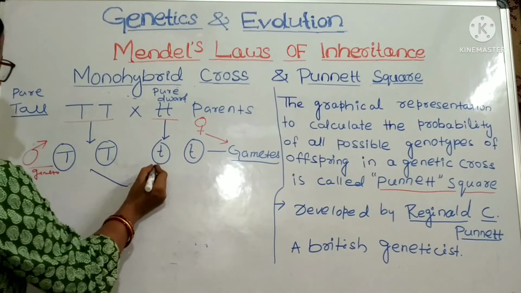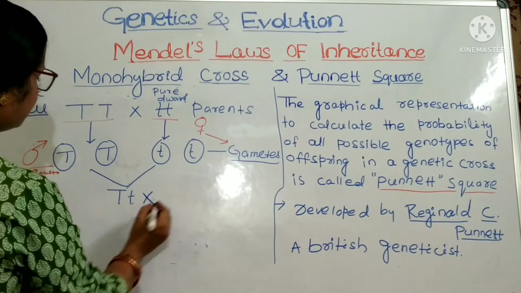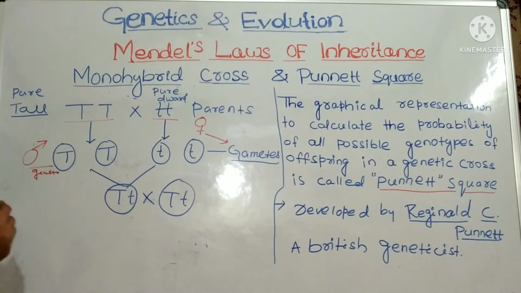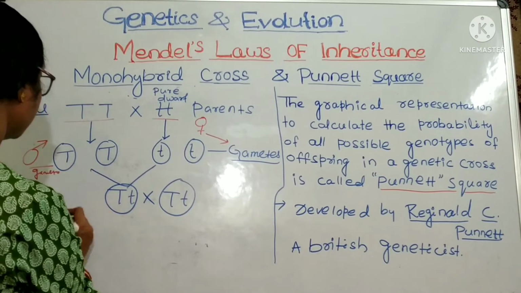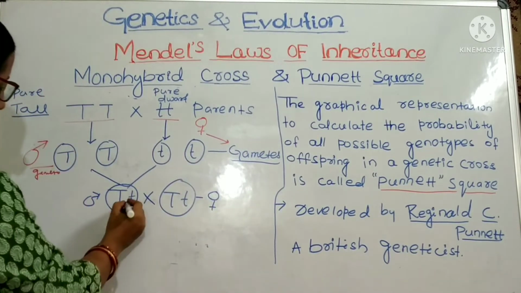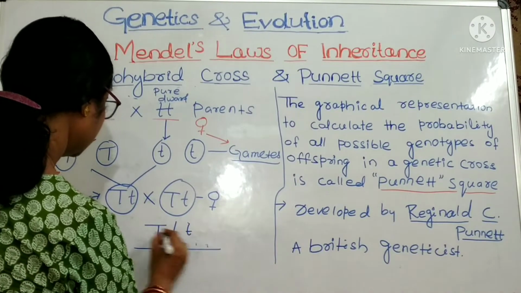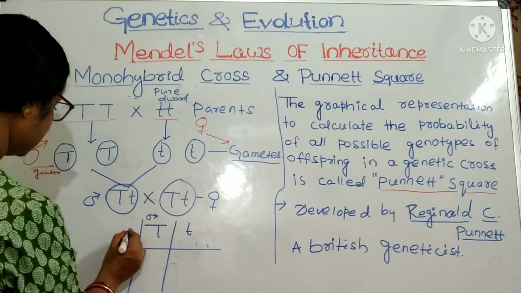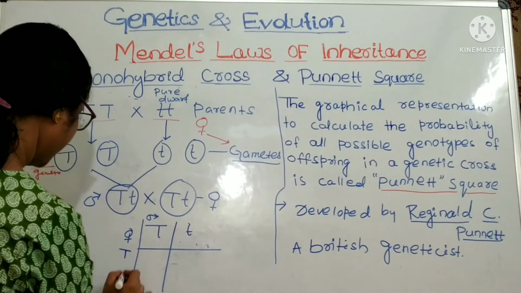In the F2 generation, we have to self the F1 hybrids. On selfing the F1 hybrids, suppose this is male and this is female, and the gametes are capital T, small t.